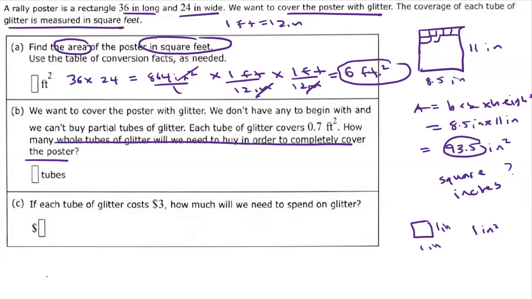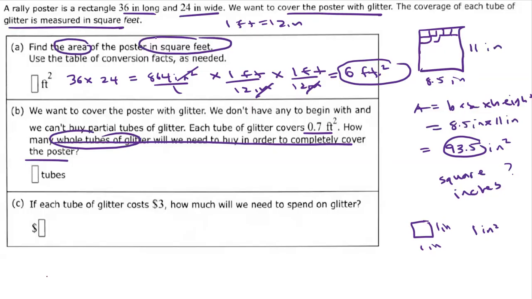The next part says each tube of glitter covers 0.7 square feet. So all we need to do now is take the 6 square feet and divide it by 0.7 to find out how many tubes, because it's how many whole tubes of glitter we will need to buy in order to completely cover the poster.